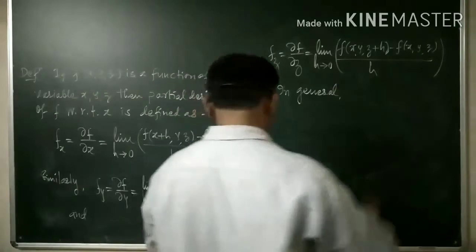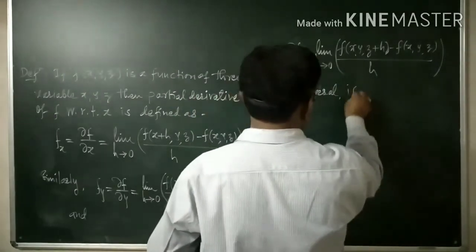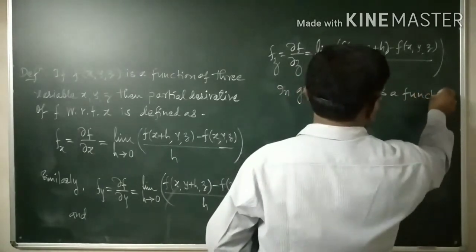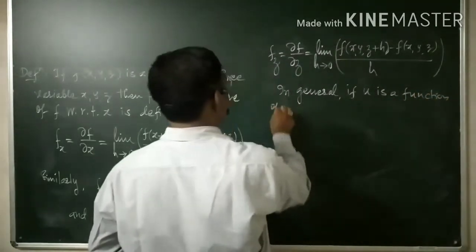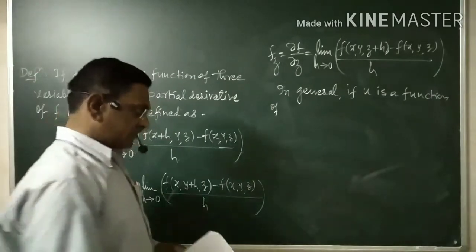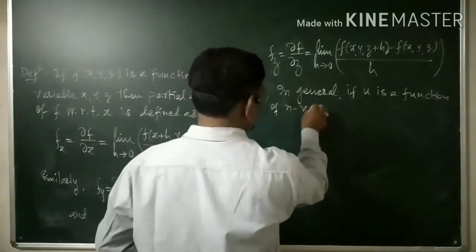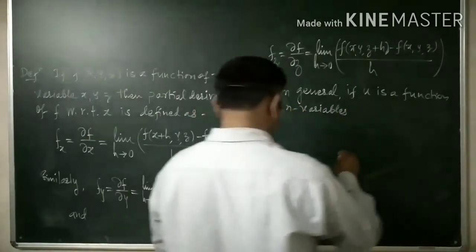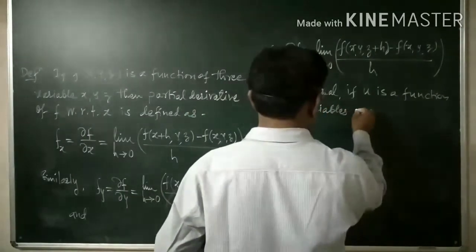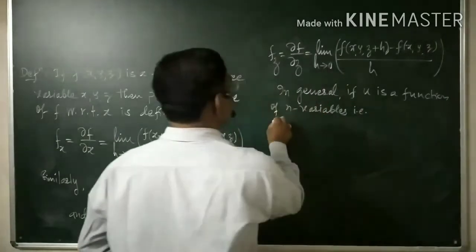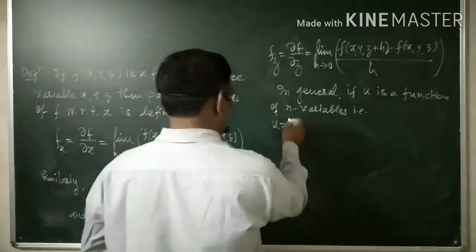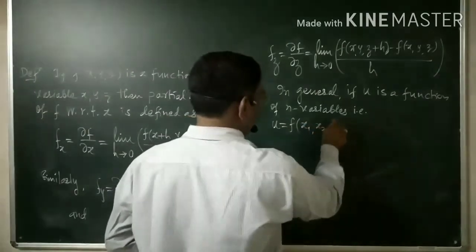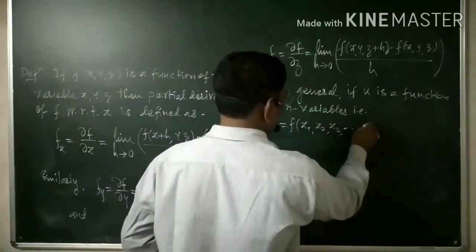If u is a function of n variables, that is, u is equal to f of x1, x2, x3, and so forth, xn.